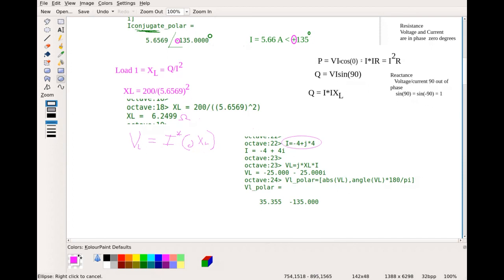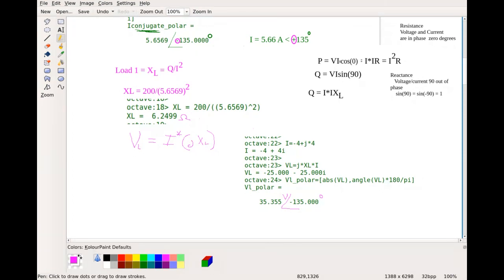This gives me my current in rectangular form. Then I multiply that times J times the X of L value, which we calculated right up here. That gives me my VL, and if we convert into polar form, it becomes a negative 135.